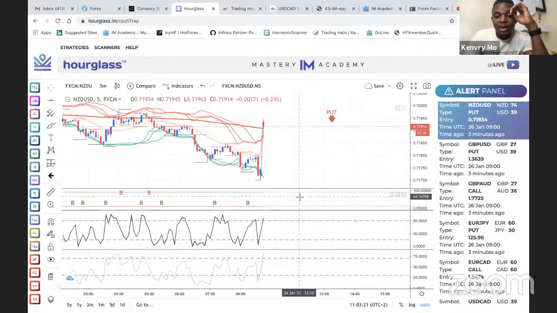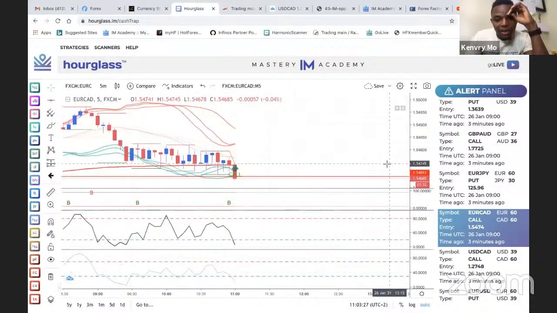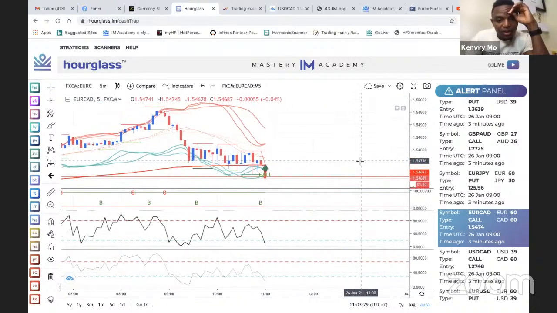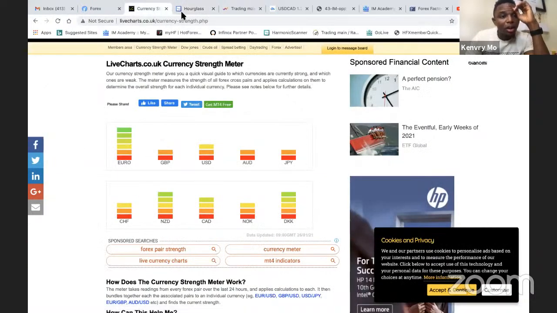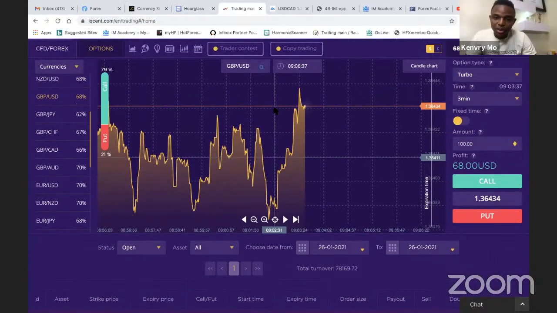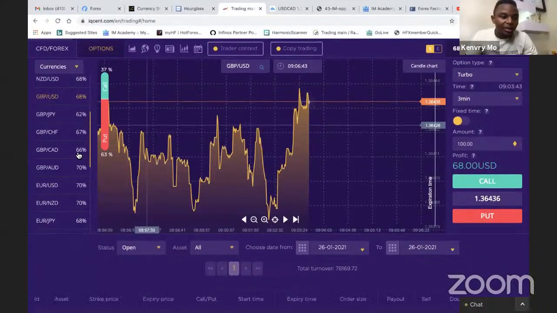Look at what NZUSD did. E-card has gotten to the entry at the break of this candle. E-card has gotten to our entry. This one is blazing up. Let's see.